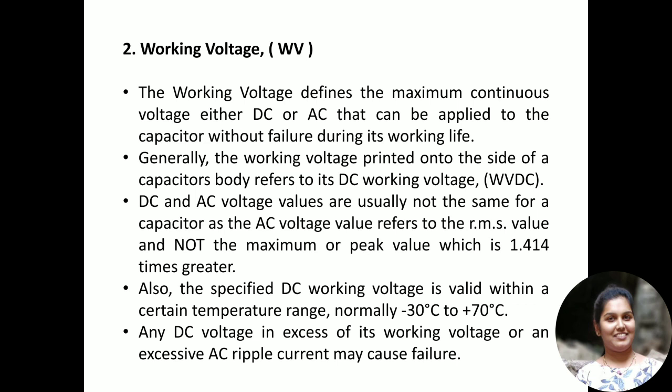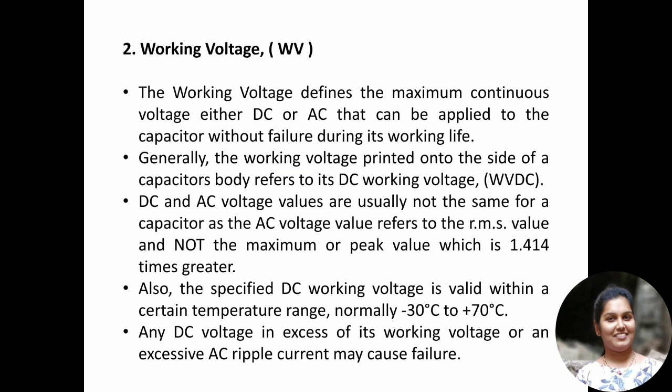The DC and the AC voltage values are usually not the same for capacitors, as the AC voltage refers to the RMS values and not the maximum or peak value, which is 1.414 times greater. Also, the specified DC working voltage is valid only within a certain temperature range.